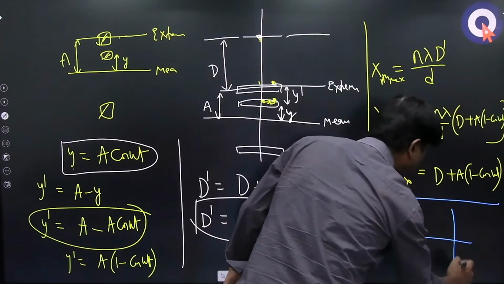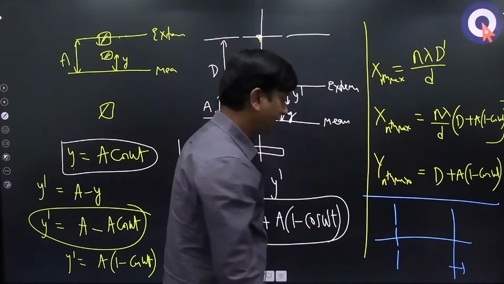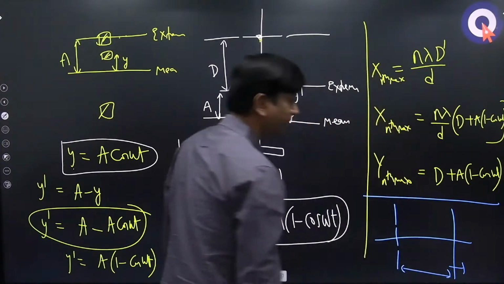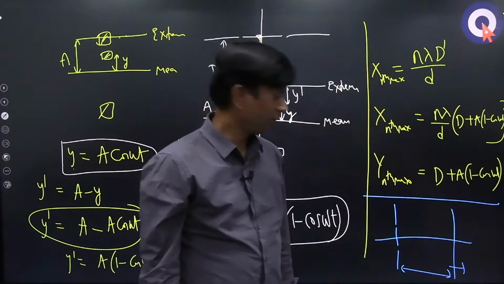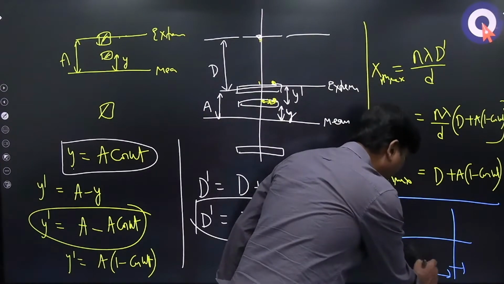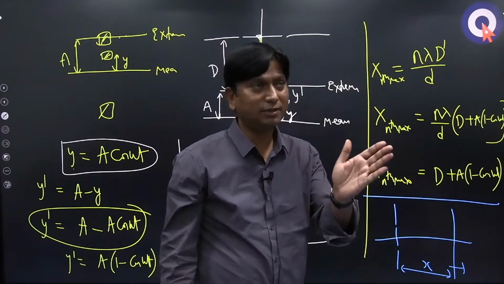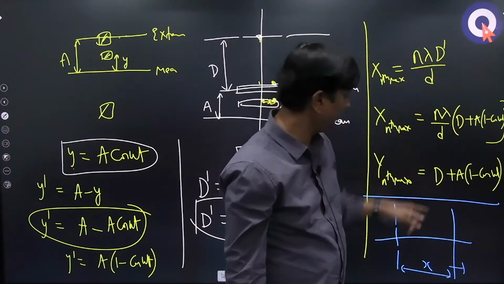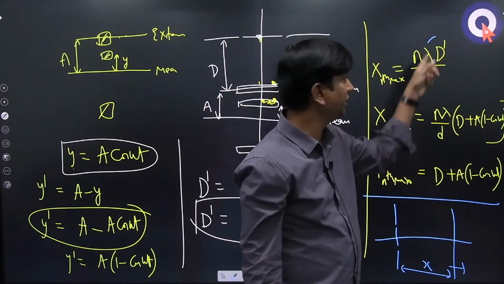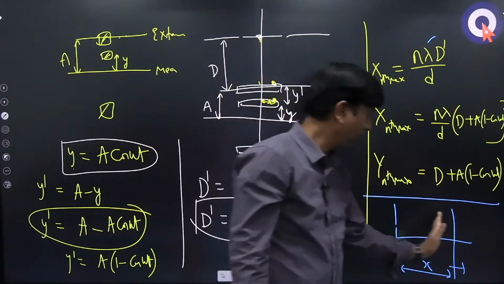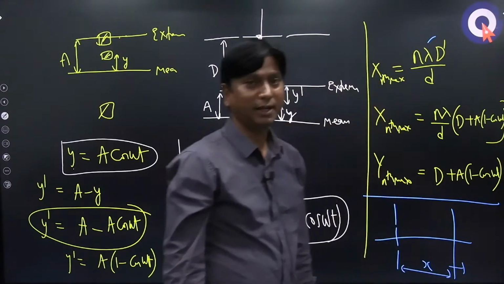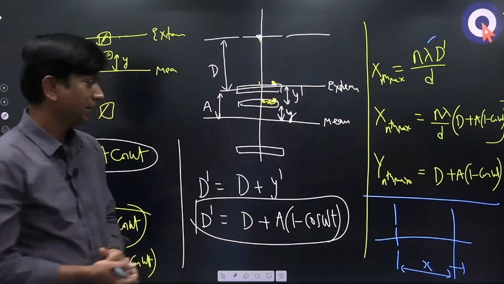Somebody is moving the screen like this with some velocity. That means this value is changing at some rate, right? So whatever you get here, x equals n lambda capital D by small d, this is changing with respect to time, and you put that in.